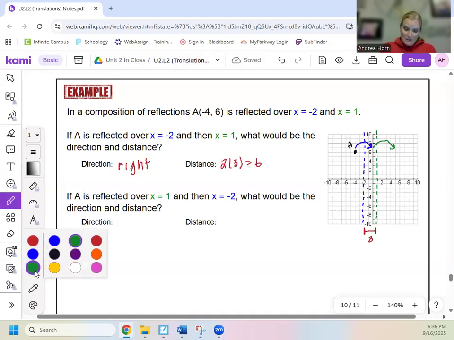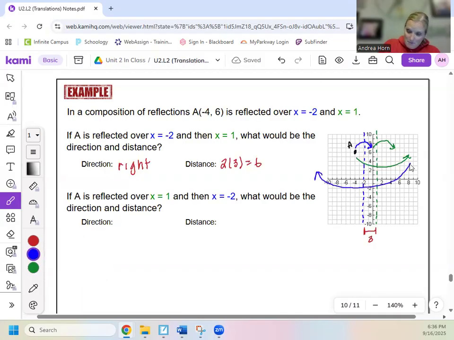This time we're going over X equals 1 first. If I flip over the green line, that's going to take my A way over here. Agreed? And then I'm going to reflect it over my blue line, so it's going to come back over here. Does everybody understand what we're saying? If I reflect over X equals 1 first, it brings my A way over here, and then reflecting over X equals -2, my blue line, brings it way back here.